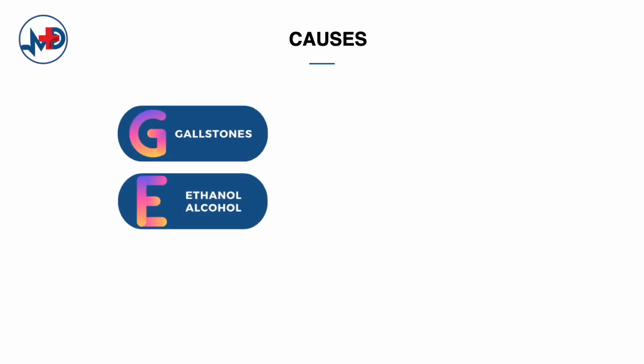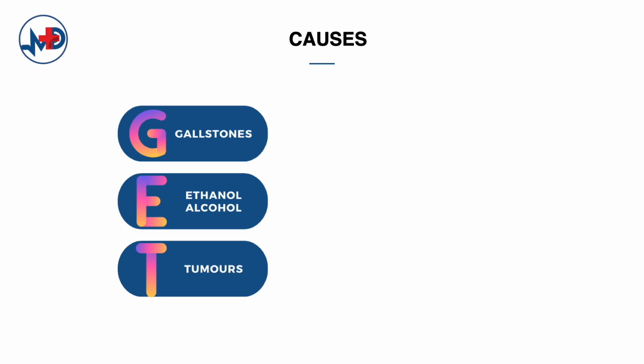In terms of etiology, pancreatitis can be remembered by the mnemonic GET MASHED. G for gallstones, E for ethanol or alcohol, T for tumors, could be pancreatic tumors, ampullary tumors, or cholangiocarcinoma. M for microbiological, such as bacterial, viral, or parasitic infections.